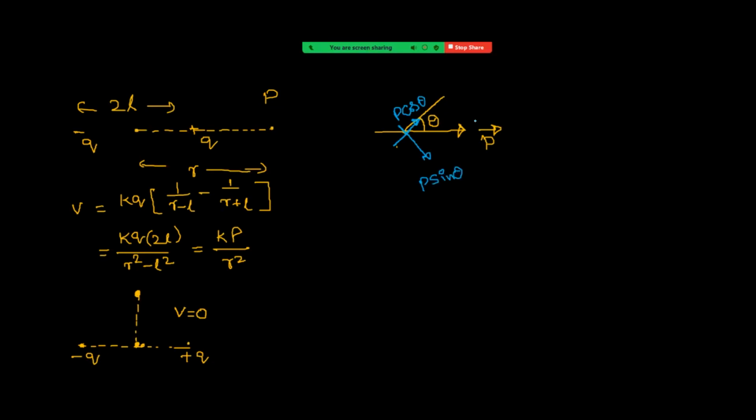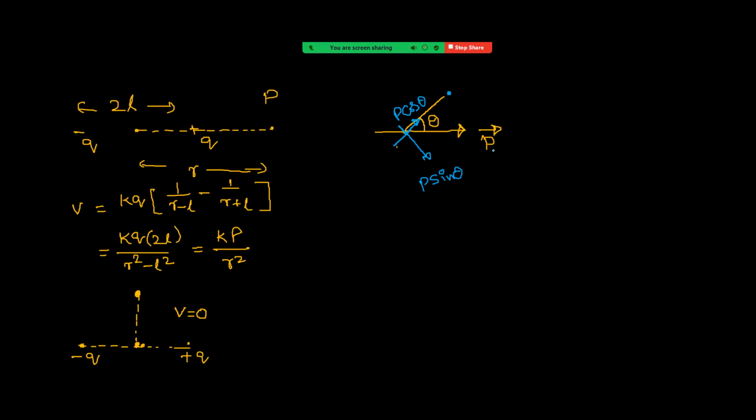Okay. Now if you observe, the point where we want to calculate potential is on the axial line for the p cos theta dipole, right? So p cos theta is acting as one dipole and p sin theta is acting as one more dipole.